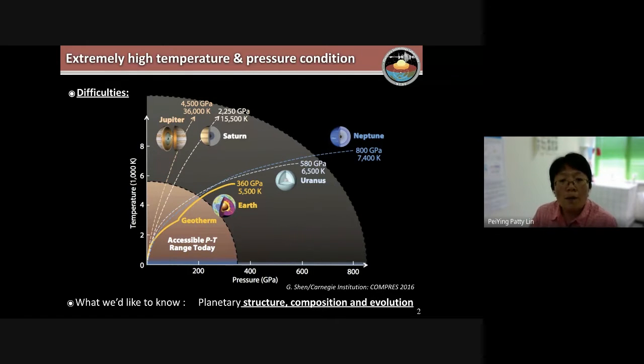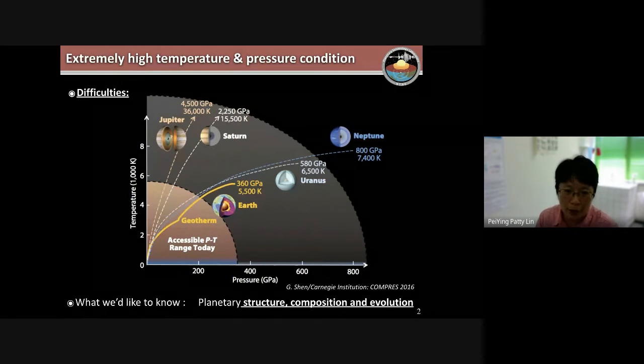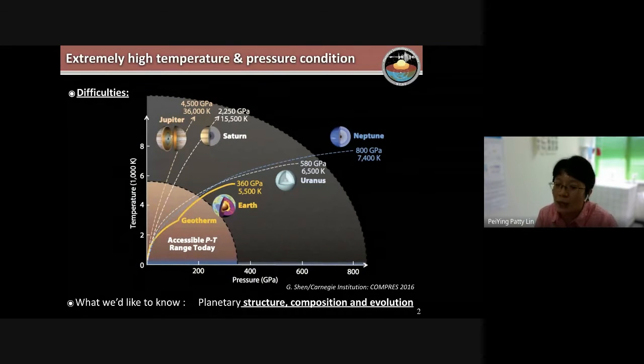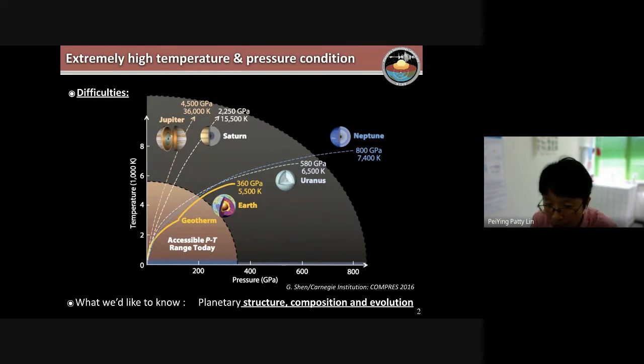But for those of us who are interested, we really want to know the planetary interiors because we want to know its structure, what it looks like beneath the surface, and what its composition is. The composition might tell us the temperature and the pressure, and then this can tell us the evolution of the planet.